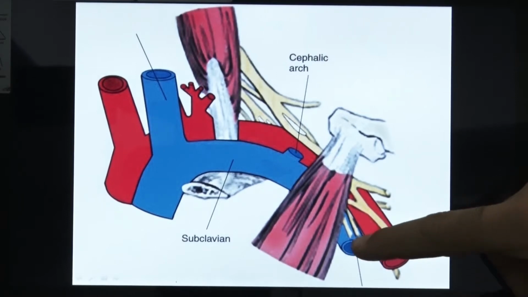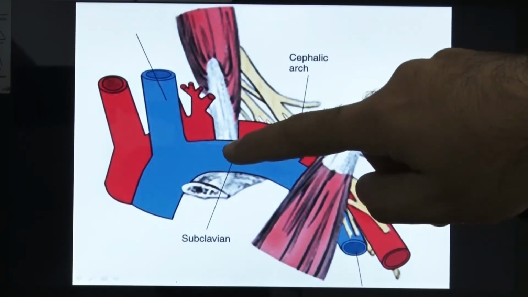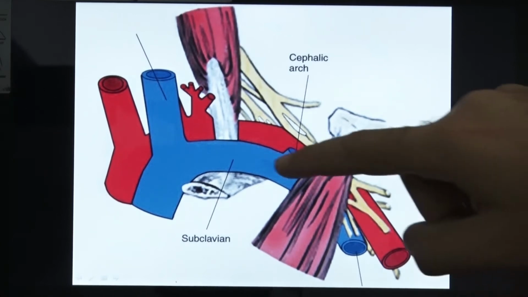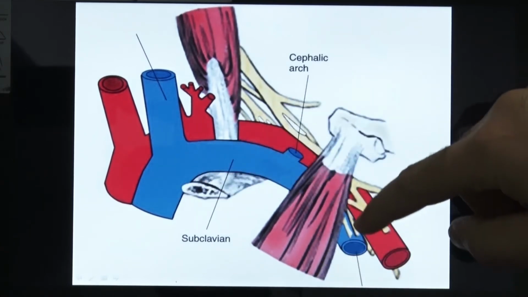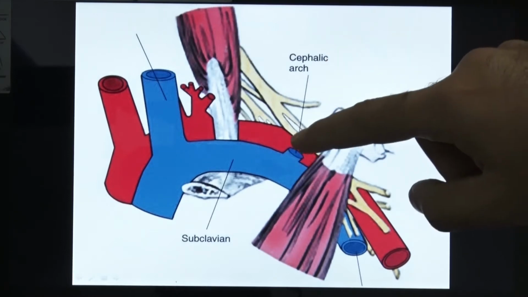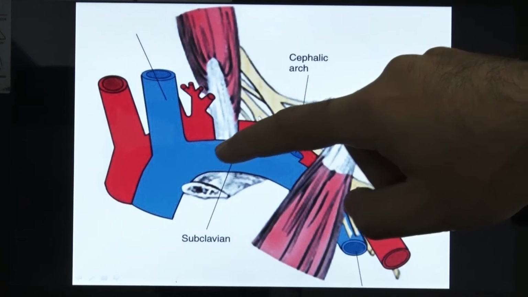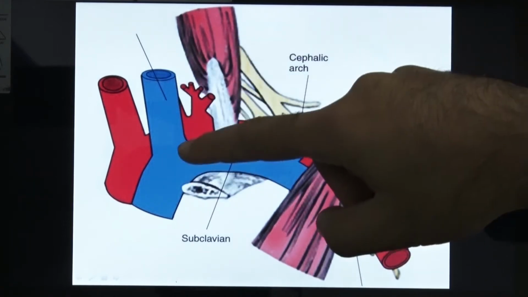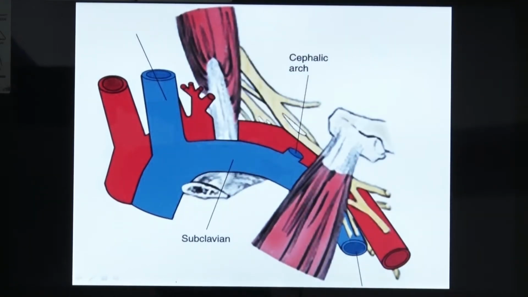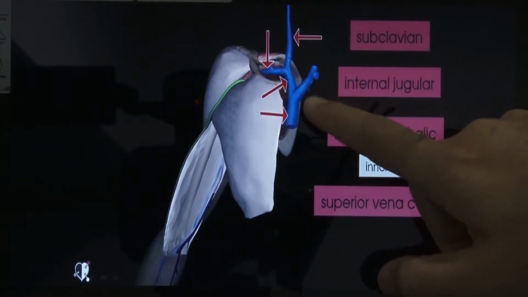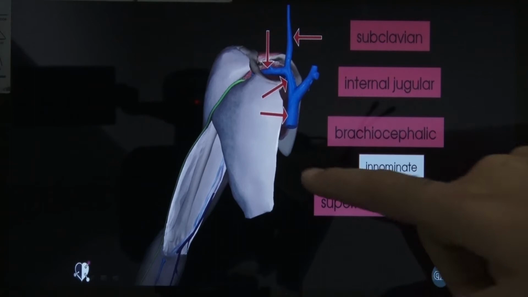So this is the distal part of the subclavian vein, then the proximal part of the subclavian vein. The subclavian vein is joined by the internal jugular vein and forms the brachiocephalic vein. This is the brachiocephalic vein, which is joined by the left brachiocephalic vein and forms the superior vena cava.